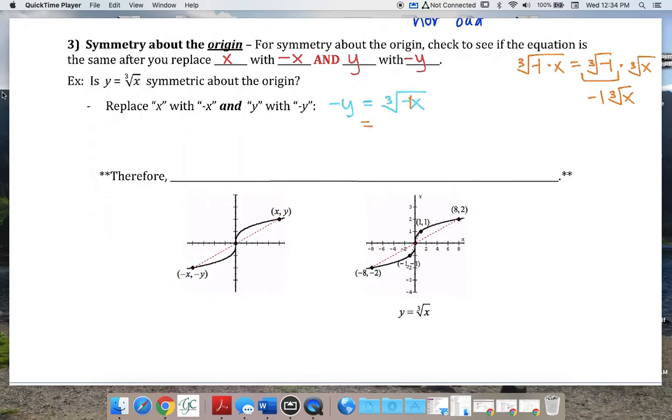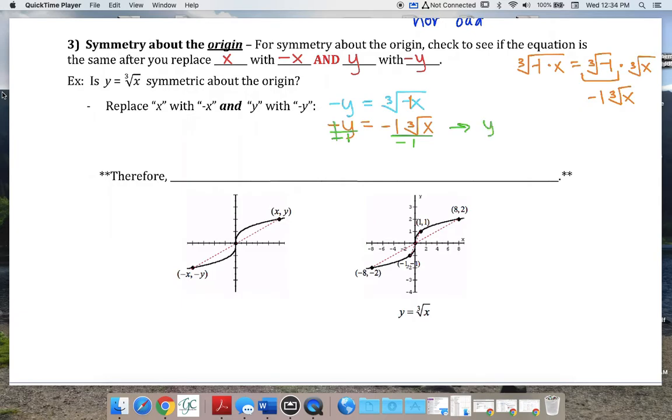So we were able to simplify the cube root of negative x to be negative 1 times the cube root of x is equal to negative y. And then our final step, we do want that to be a positive y, not a negative y. So we can do that by dividing by negative 1. And when we do that, our y becomes positive.